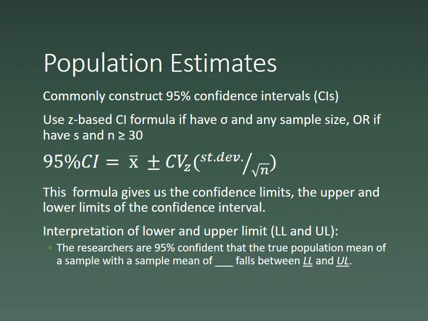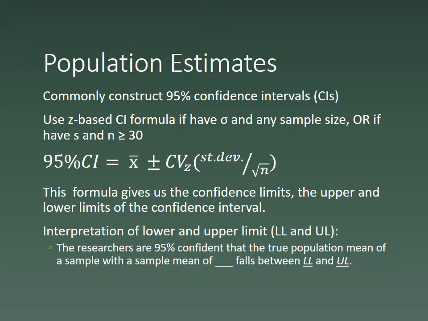The formula shown on the slide for the 95% confidence interval is equal to the sample mean plus or minus the CVZ, we'll get to that in a minute, times the standard deviation of the sample, or the population standard deviation, depending upon the sample size, divided by the square root of the sample size. This formula gives us the confidence limits, the upper and lower limits of the confidence interval.